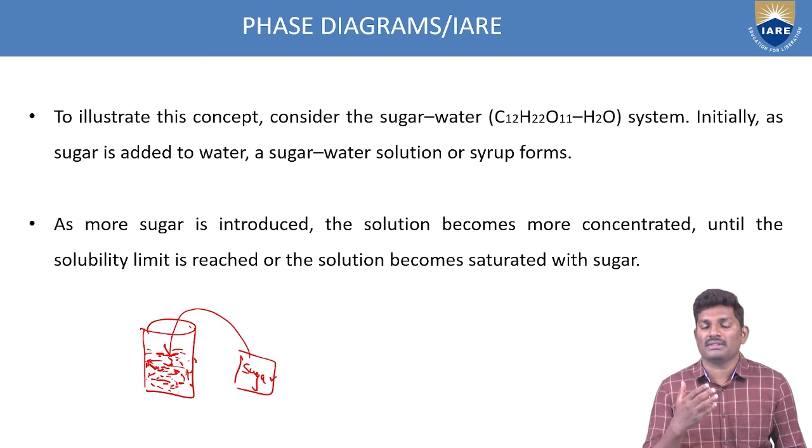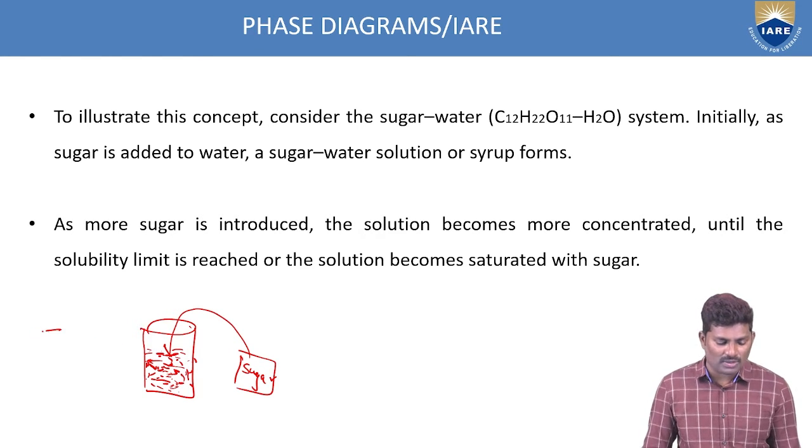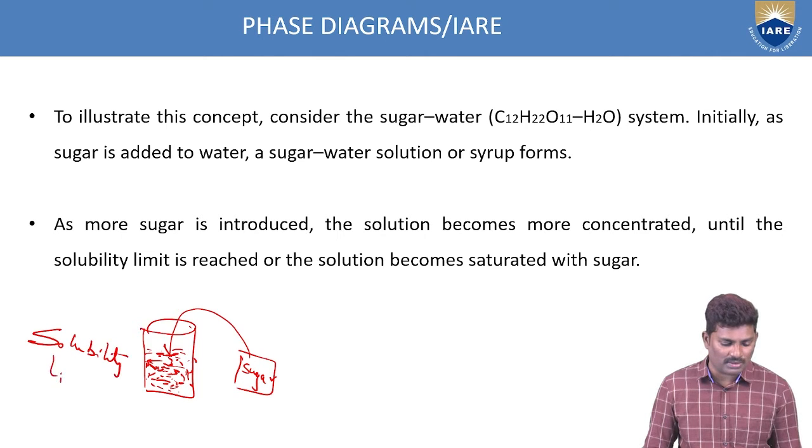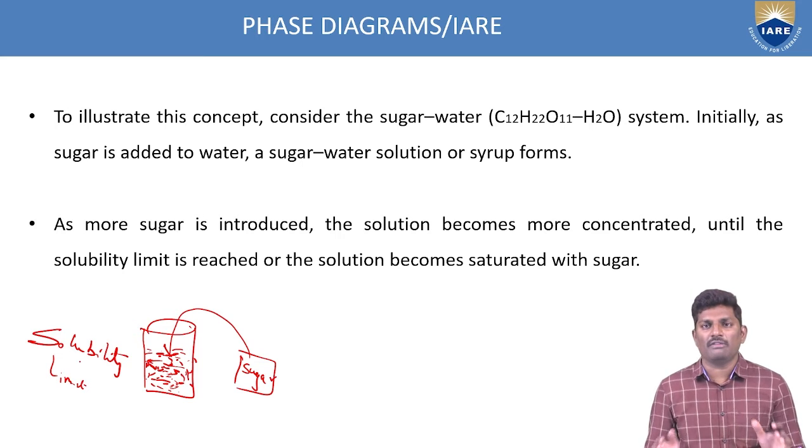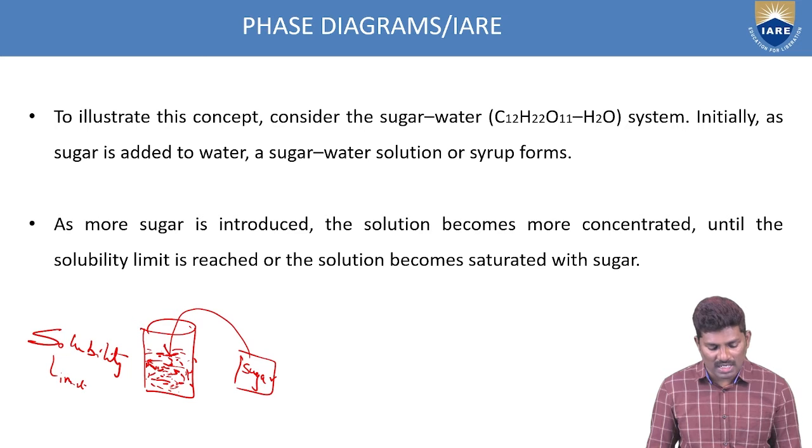At this point, there is no chance of dissolving. That maximum point is called the solubility limit. That means if the solubility limit is reached, though you are adding any metal or sugar in this example, it cannot be dissolved. It will settle down at the bottom of the vessel.